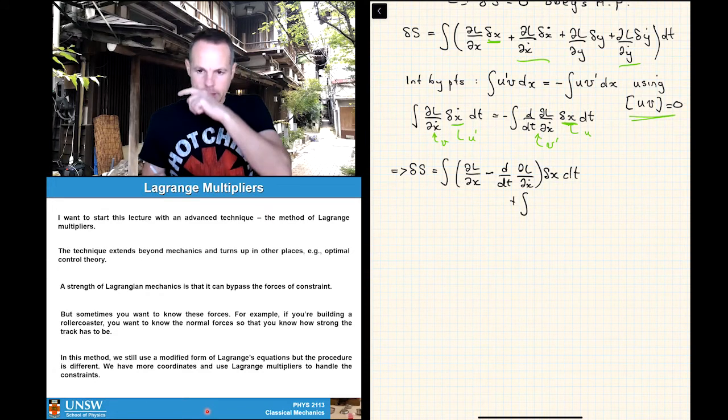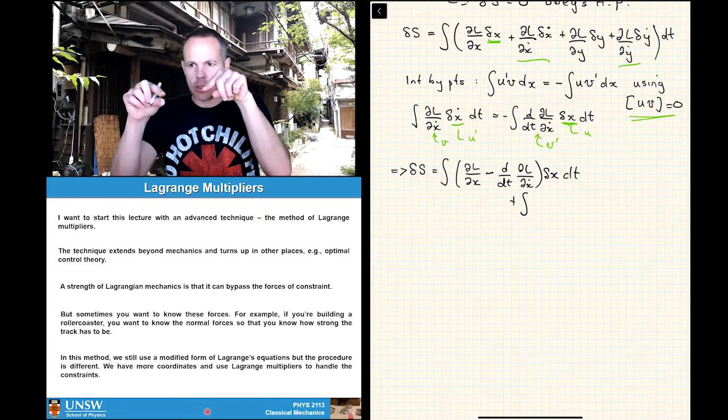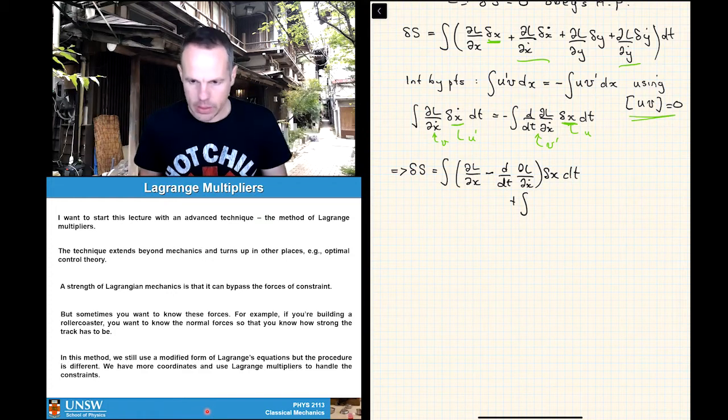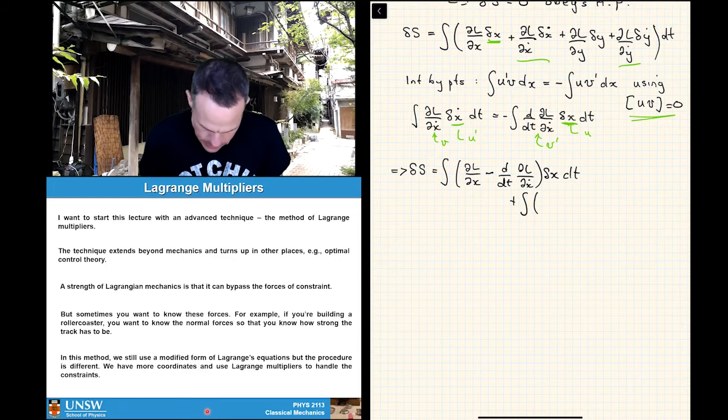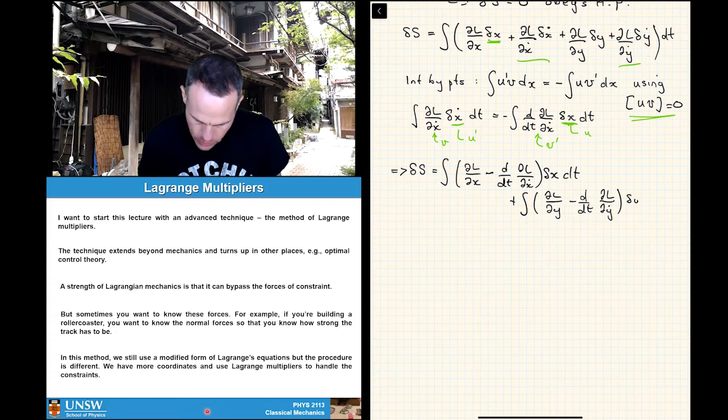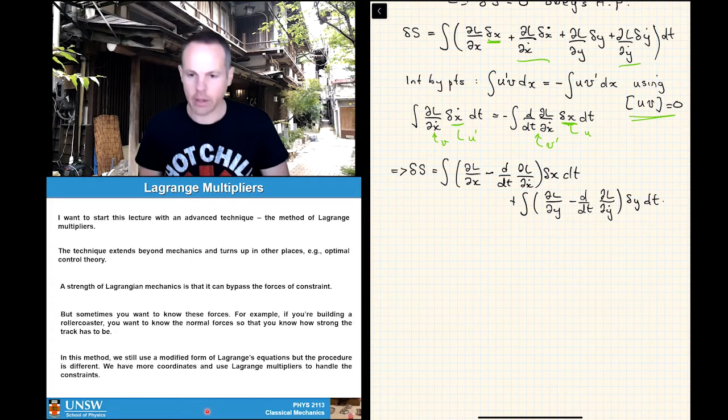And you remember that I can take an integral with two terms inside and turn it into two separate integrals, right? The sum of two integrals is the integral of the sum. So this is now dL/dy minus d/dt of dL/dy-dot, and again I can take this delta y outside, dt.